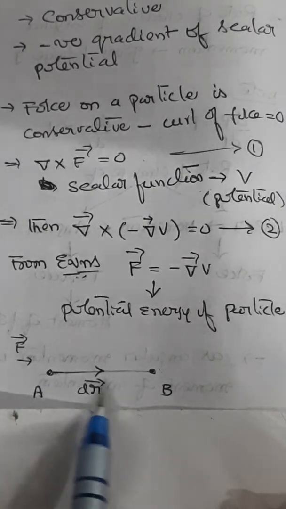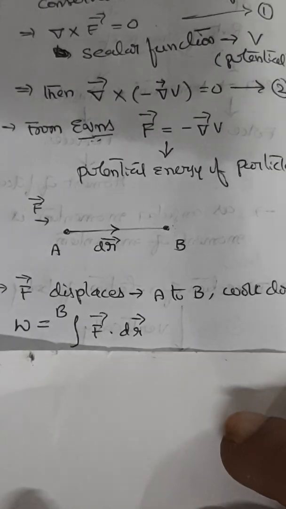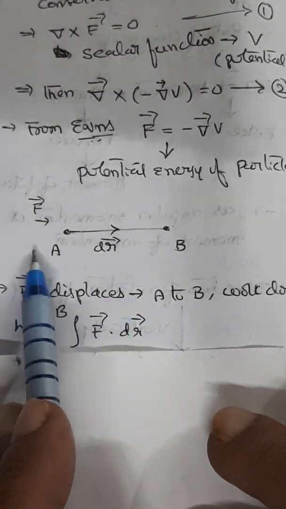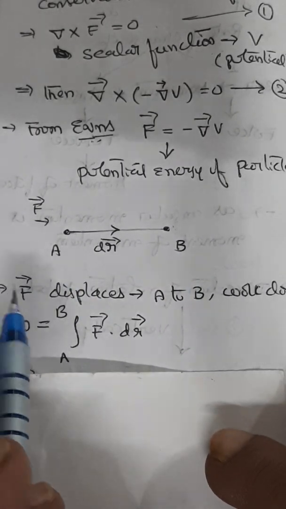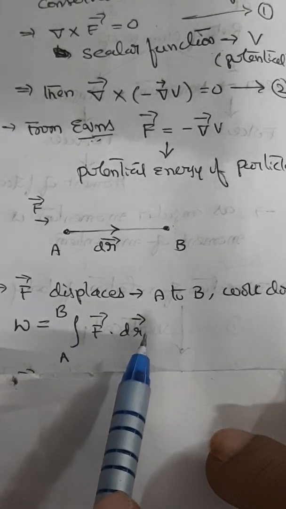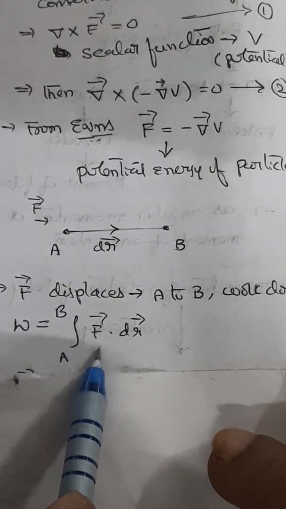Then how do you represent the work done by it? Because the force is displacing the particle from one position A to another position B, work done can be calculated as W is equal to integral A to B of F dot dr, where this F is a conservative force.